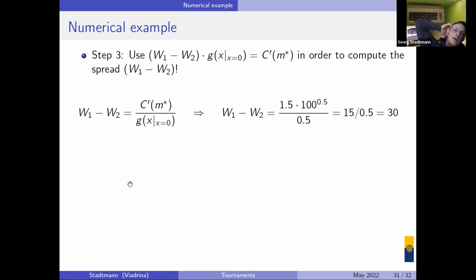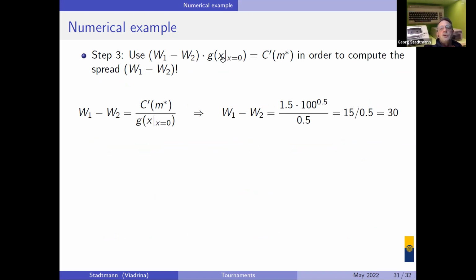Step 3. We use W1 minus W2 times G is equal to marginal cost of the worker in order to compute the spread.